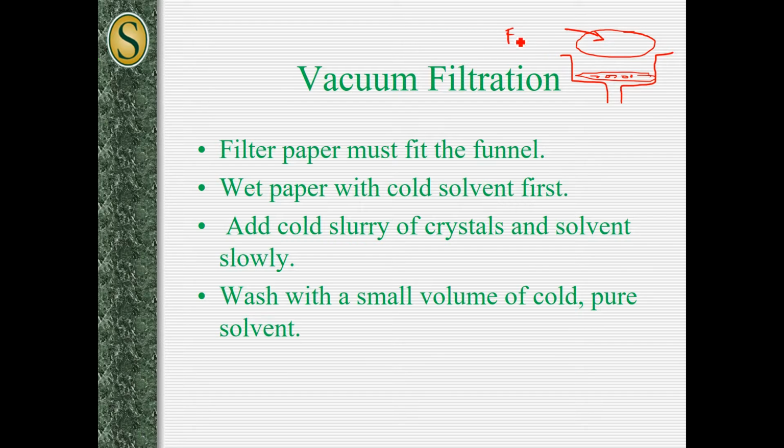That filter paper has to be pre-weighed. Why? Because after we filter and get our crystals, we'll keep the crystals to dry, and then we'll weigh the filter paper plus the dry crystals to determine our percentage recovery of pure substance. So the filter paper must fit in the funnel. We will have to wet it.